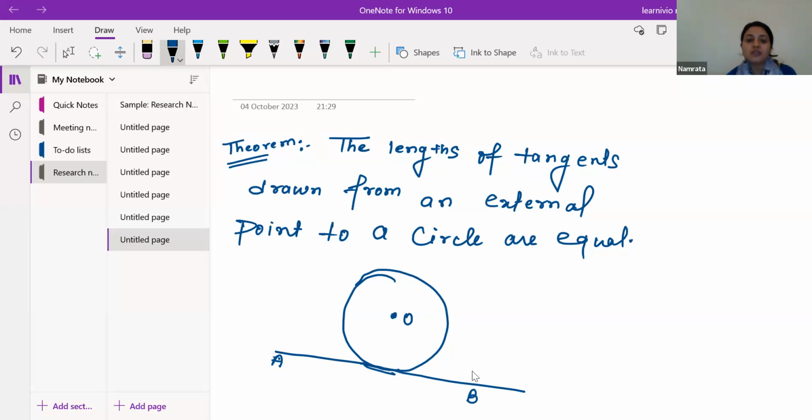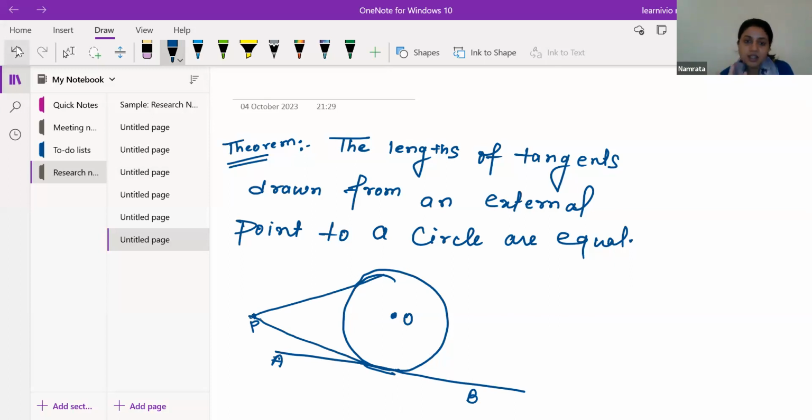This theorem we have already covered, right? From an external point, let's say from point P, if we are drawing a tangent over here and another like this, the tangents are of the same length, right?